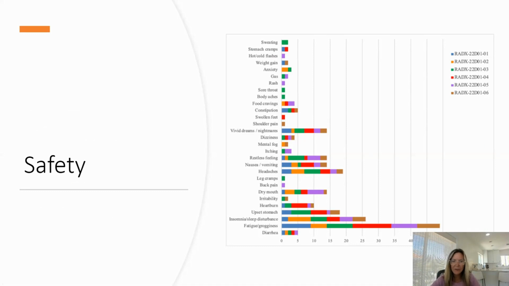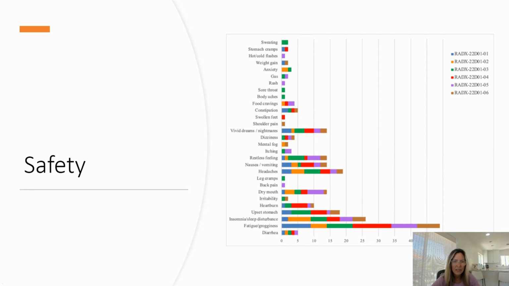What's also very impactful about this study is that we assess safety. And other than some very minor participant complaints related to fatigue, you can see there the large long bar, and maybe a little bit of sleep disturbance for some of the groups, nothing was a safety concern that required that we report what the participant was experiencing to the IRB.